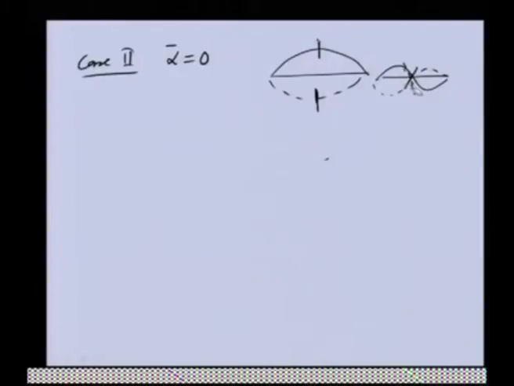In this particular case, the disk will be tilting, but there is no translatory motion. In the other case, there is a translatory motion, but there is no tilt. So, that is the particular special case. If we substitute in the previous polynomial and simplify, we will get a polynomial in factorized form like this. So, after substituting alpha bar equal to 0, this can be simplified like this.